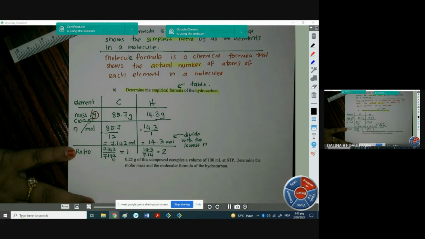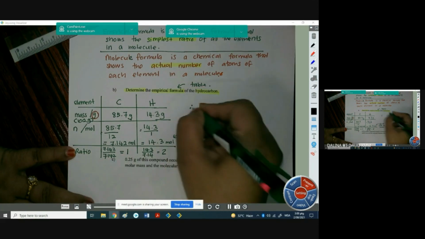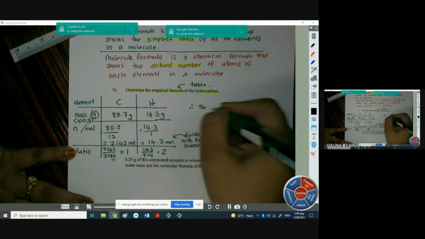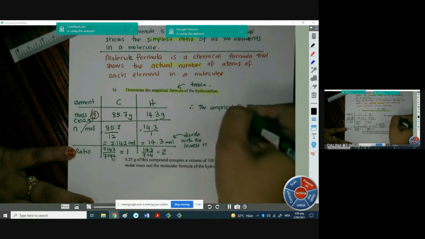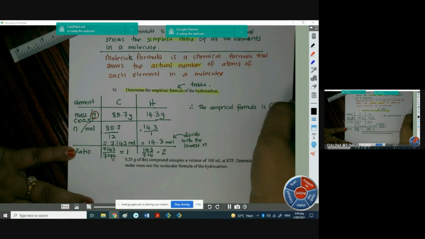Okay, so kita belum habis lagi. You kena buat conclusion. Therefore, the empirical formula is CH2. One kita tak tulis lah.